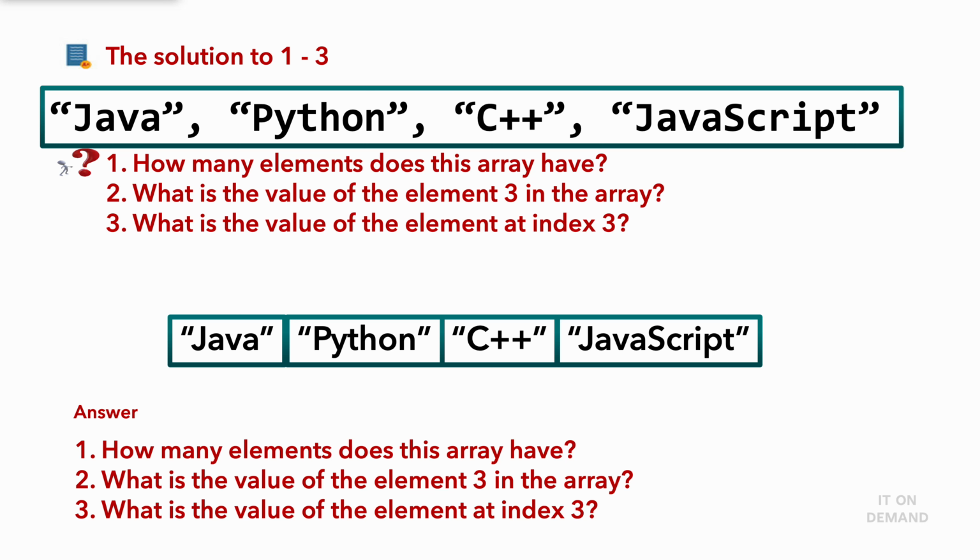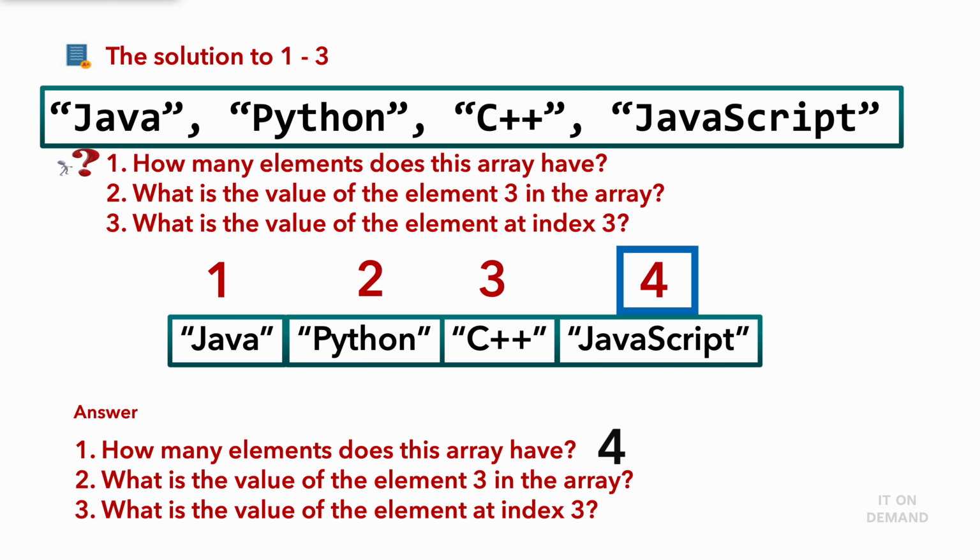And once we've done that, to get the number of elements that the array has, we want to start numbering at 1. And so we say 1, 2, 3, 4. And now we know what the answer is because that's the total elements. And we say the number of elements that the array has is 4.